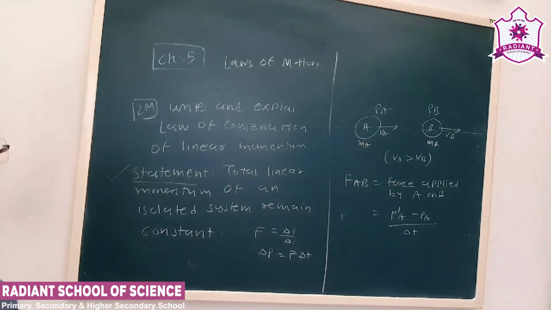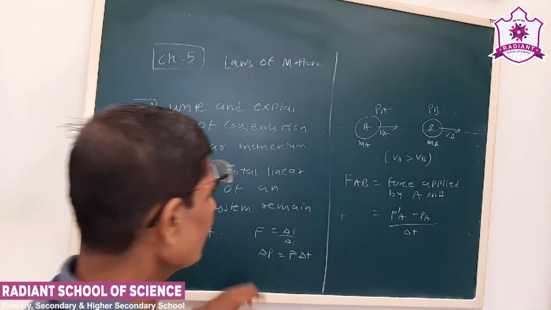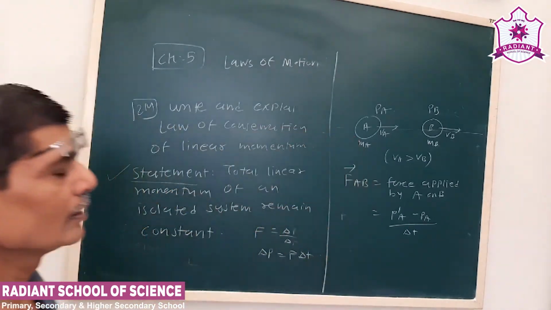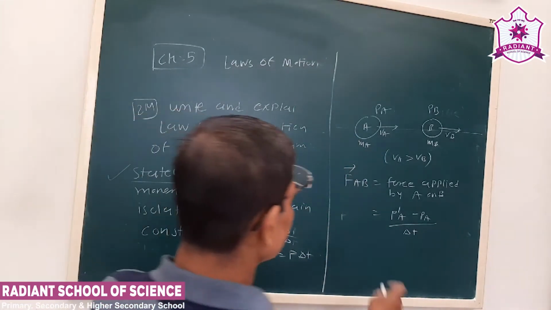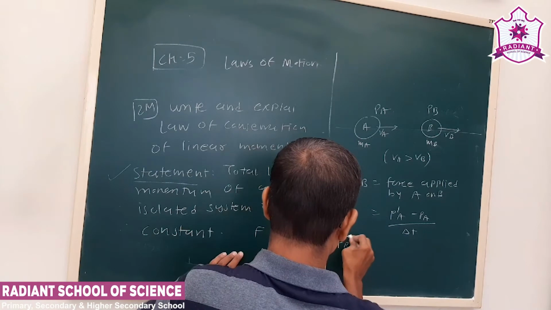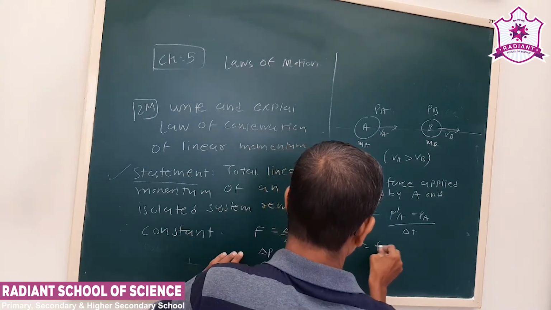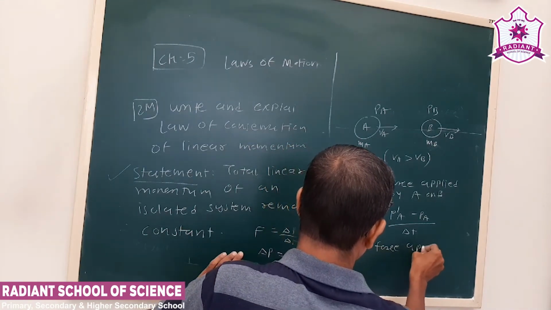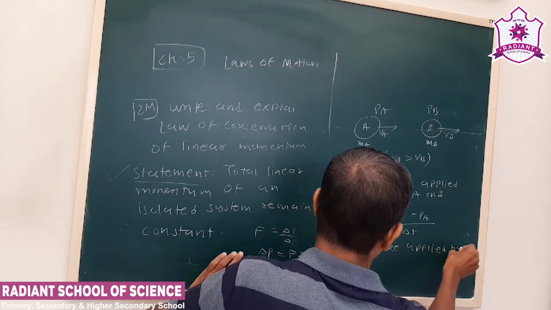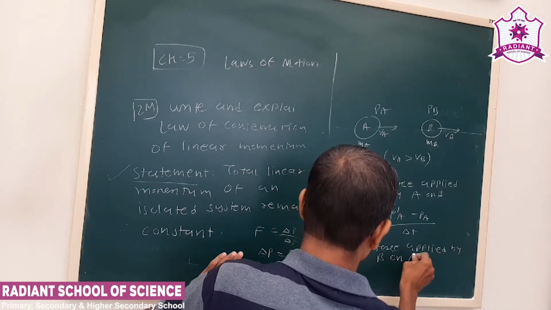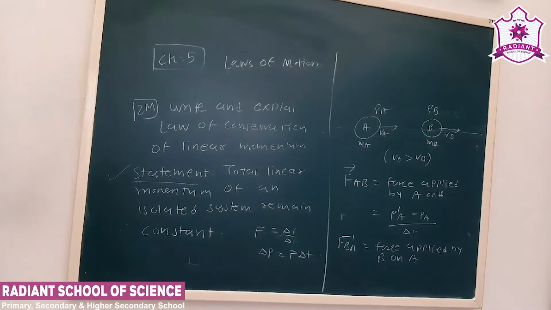We have used the equation F is equal to change in momentum upon time. Now due to this interaction, FBA will be the force applied by B on A, that will be equal to change in momentum.